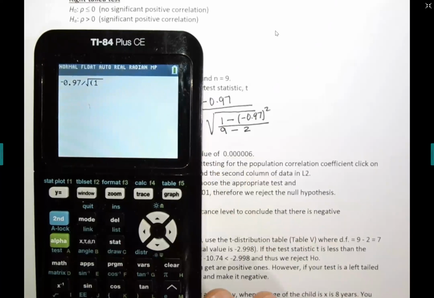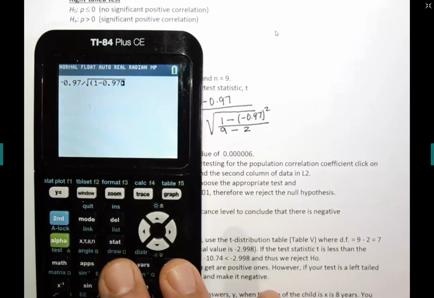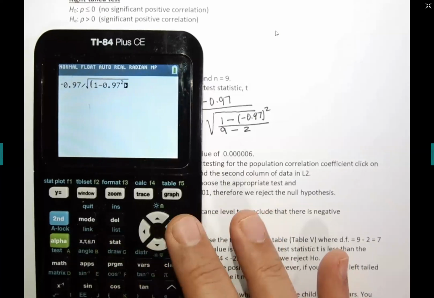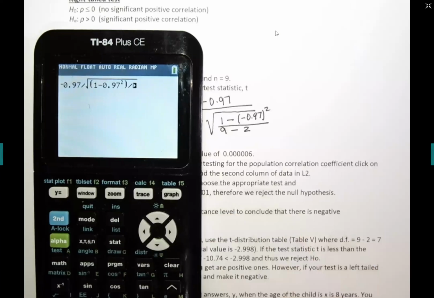1 minus 0.97 squared, close parentheses, divide, and 9 minus 2. Guys, don't enter 9 minus 2 on the calculator, otherwise you need parentheses here. So just do the math. 9 minus 2 is 7.